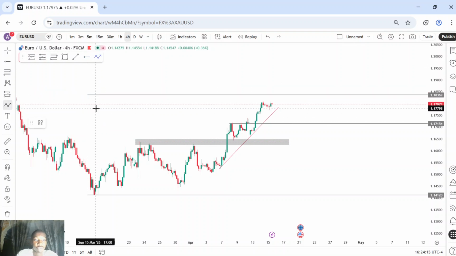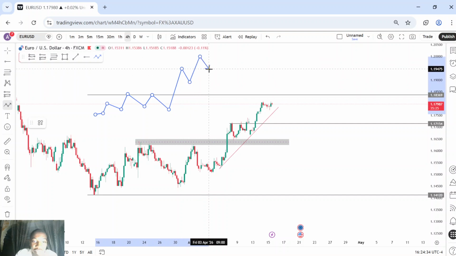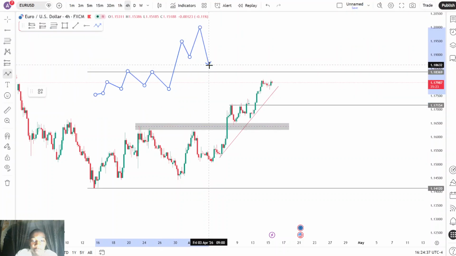It was a resistance before. It was forming something like this here before. At this point, can you see that it has been rejecting, but eventually it broke above it, forming a series of higher highs and higher lows.